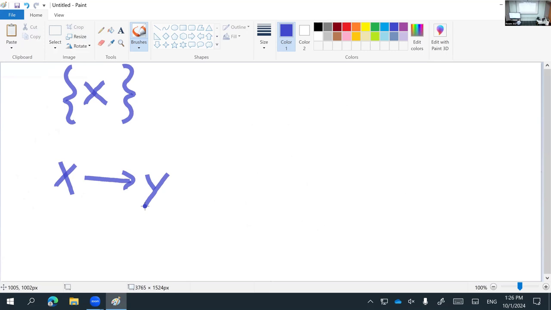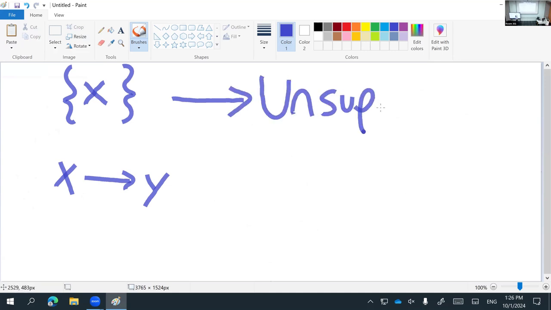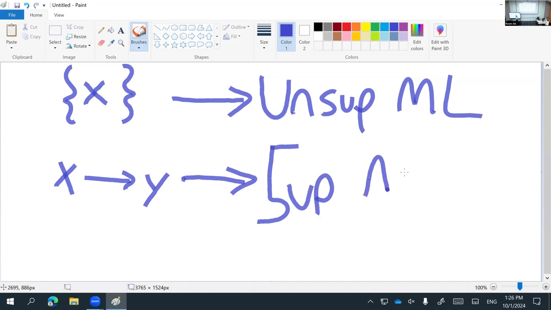Now I'm going to give the game away and say that this thing will be answered by unsupervised machine learning, and this thing will be given by supervised machine learning. Take out your textbook. The unsupervised learning comes first, and supervised learning comes in the chapter after. So it's chapter 5 and chapter 6.